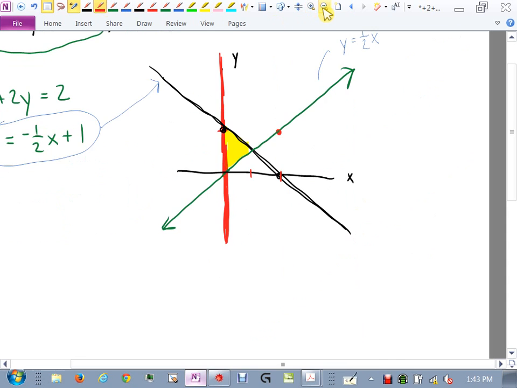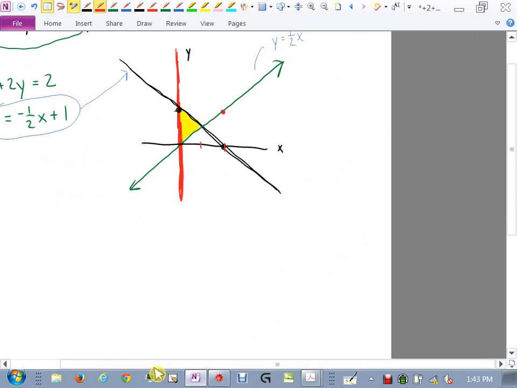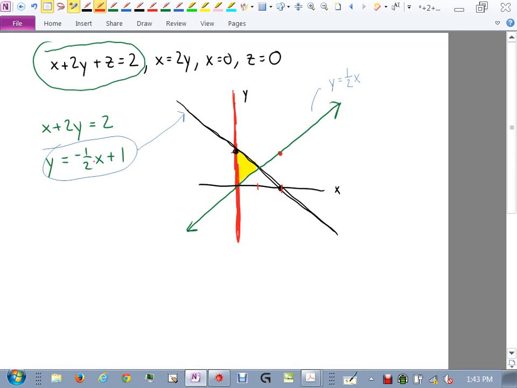Set them equal. When you say them, what you mean is, this right here, set that equal to this right here. Because those are the two lines I'm talking about, right? So let's find that point real quick and verify that its x is 1. The intersection is when negative 1/2 x plus 1 equals 1/2 x.